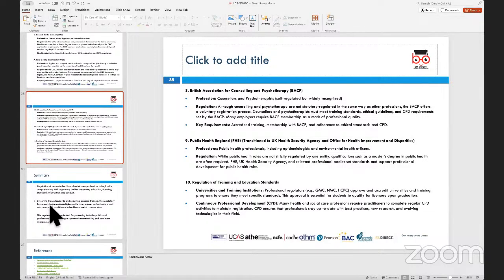Now, there are 17 specialisms, and again, there would be a number of bodies which act as regulators. So again, because it's talking about outlining, we are not going into very much detail of the regulatory bodies.